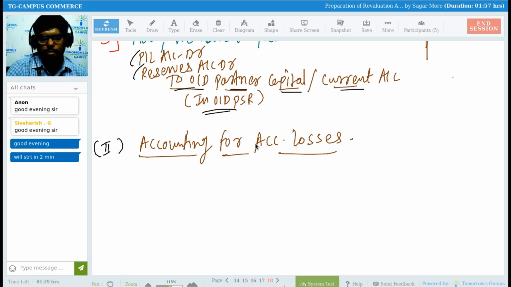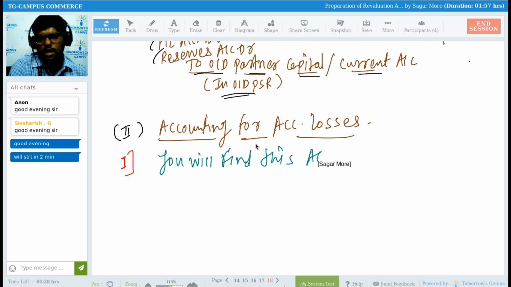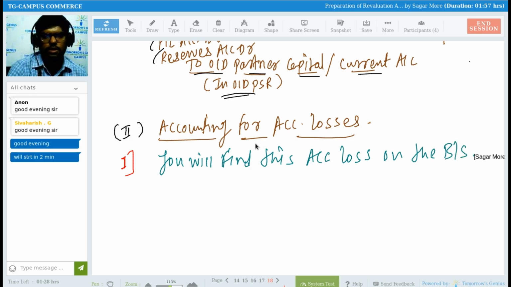My first question to you, where will you find these accumulated losses in the balance sheet? Absolutely right. You will find these accumulated losses on the balance sheet asset side.